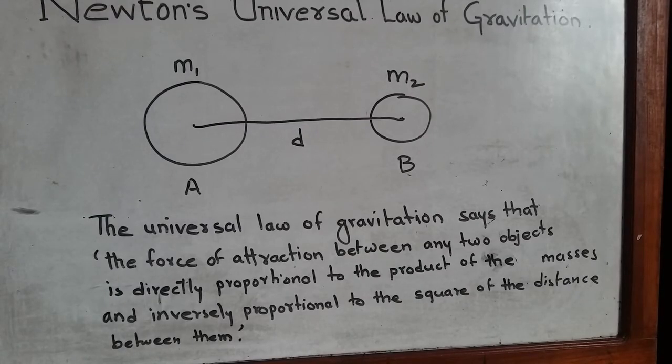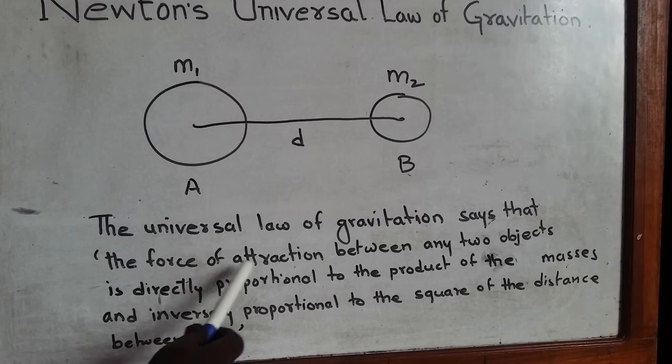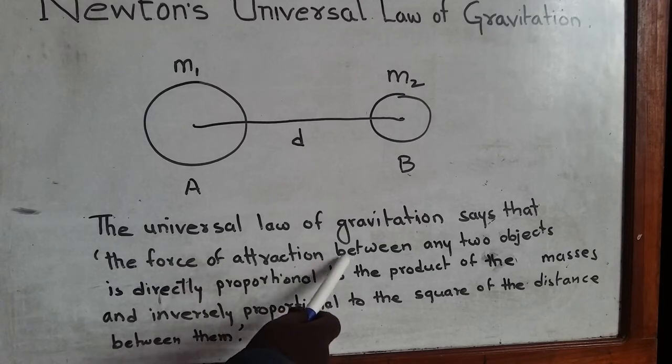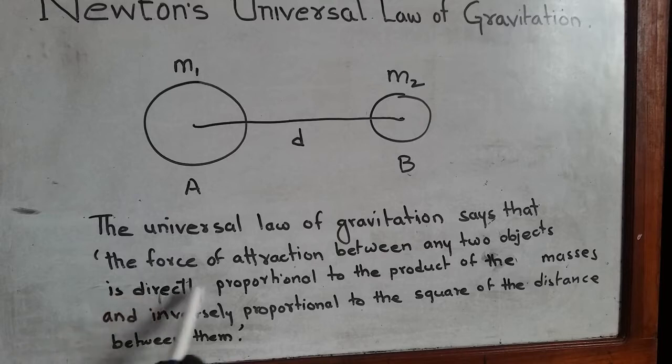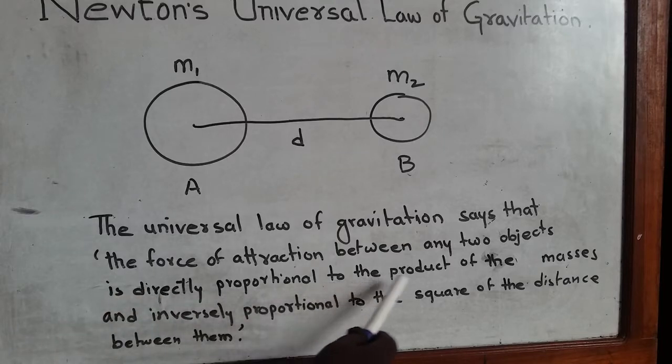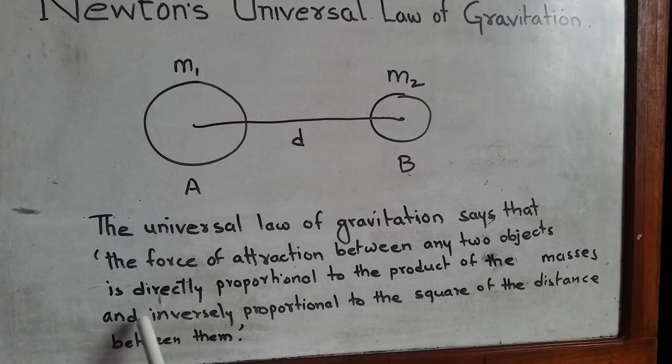And the universal law of gravitation says that the force of attraction between any two objects is directly proportional to the product of the masses and inversely proportional to the square of the distance between them.